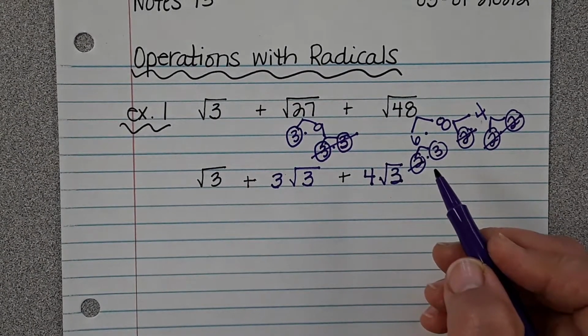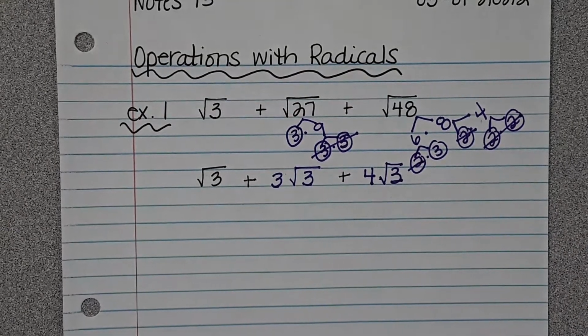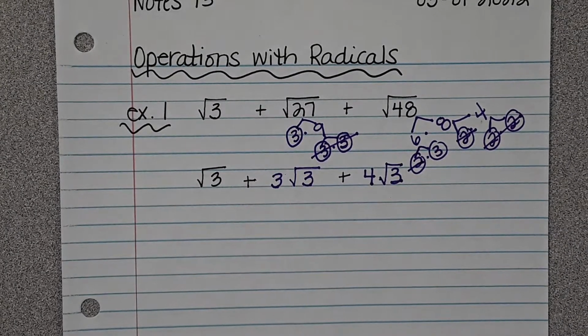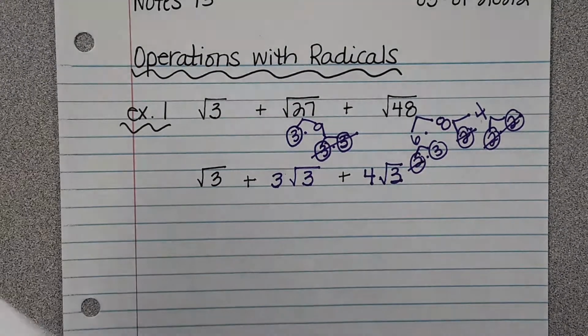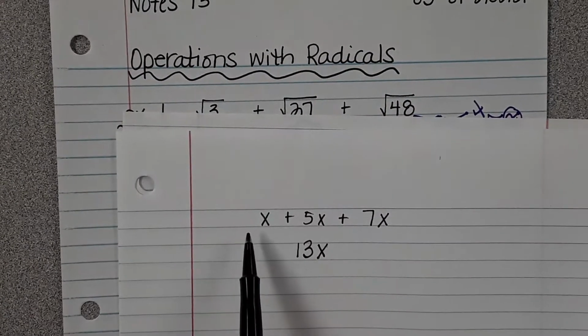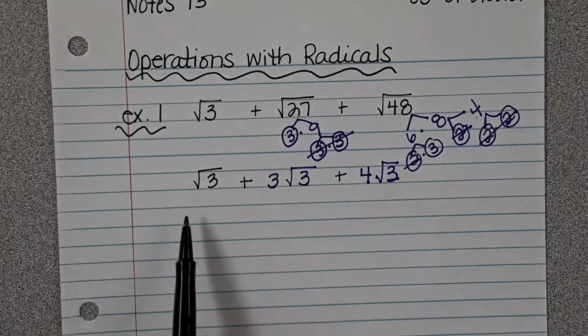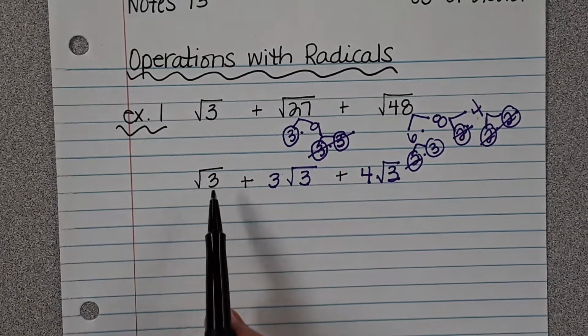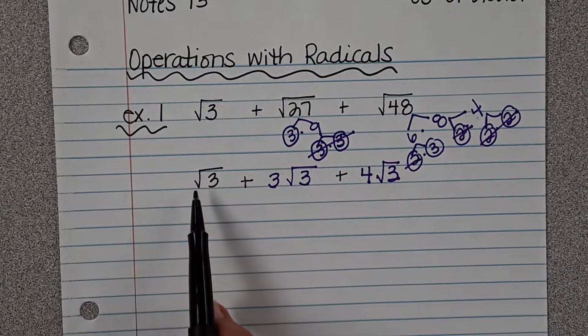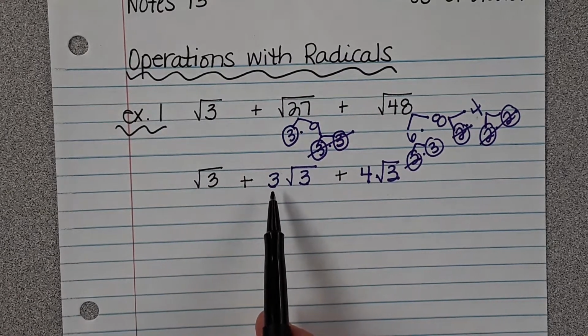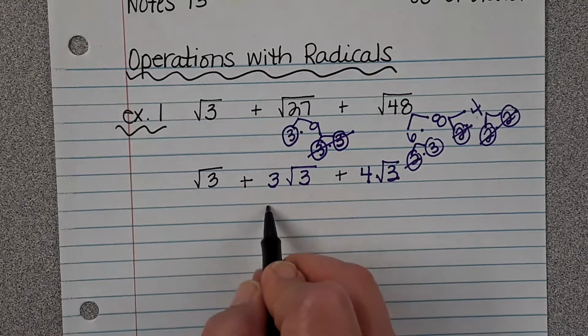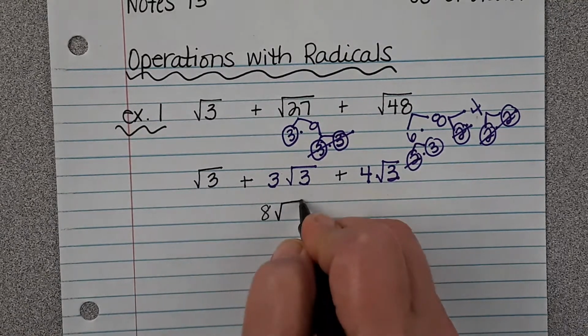Now, do they all have the same number underneath the square root? Yes. So just like the x, remember, what did you say this number was? Even though it's not there, what is that number? 1. That works the same way here. We have 1 square root of 3. So this is 1 plus 3, which is 4. 4 plus 4 is 8, and that's our answer.